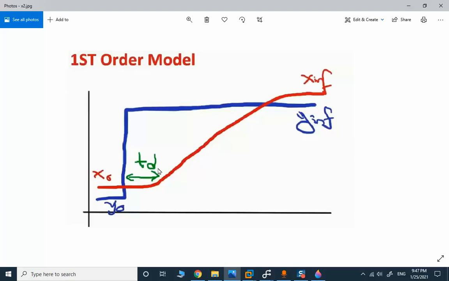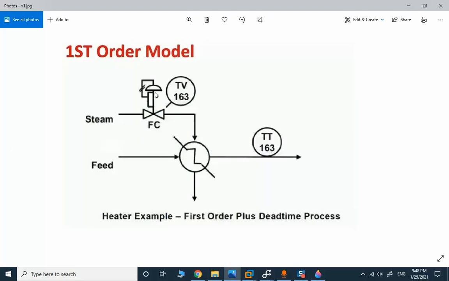For the process model, it's a bit different. This model should have the transportation delay. The transportation delay is possibly due to the action on the control valve, steam flow, and some thermal coefficients in order to transfer the heat, and the distance of this transmitter from the exchanger may also cause some timing difference.